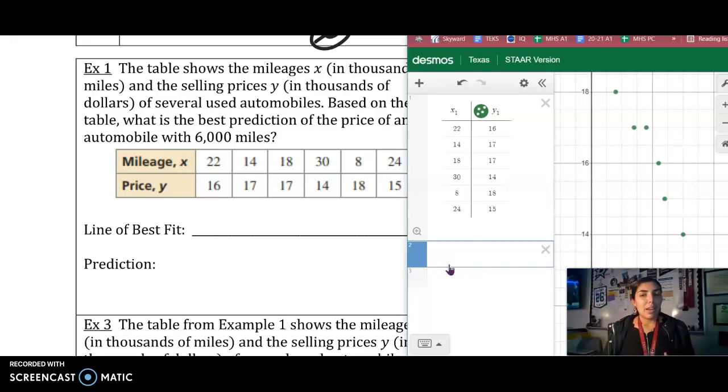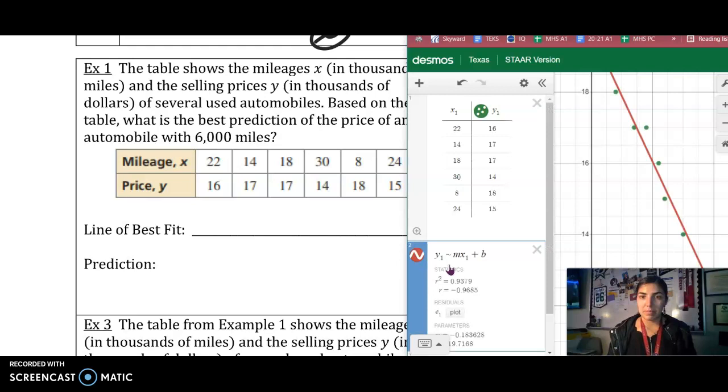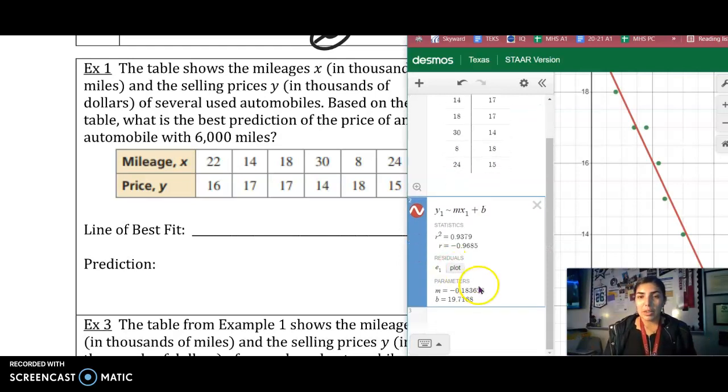To write a line of best fit, I'm just going to use equation number 9, but fancy, which is y1, so just y and then 1, like I literally pressed 1 and it made it a subscript, squiggly line, mx1 plus b, the fancy version. At this point, we need the m and b here because that's going to be my slope and my y-intercept.